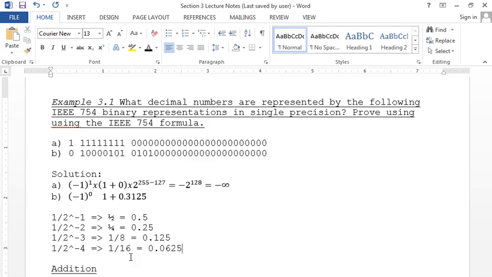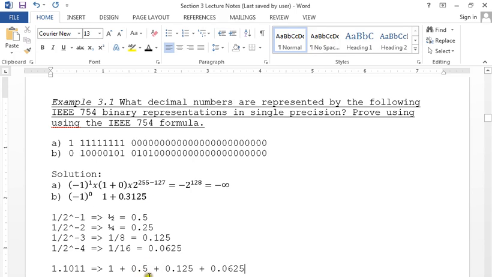Let's test to see how well you understand this. If I gave you 1.1011, how do we calculate this? 1 plus 0.5 plus 0.125 plus 0.0625. That's exactly right.